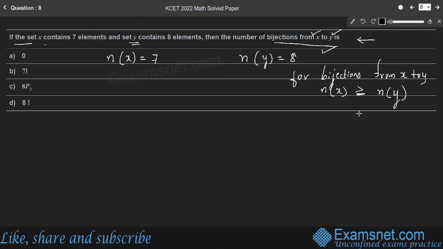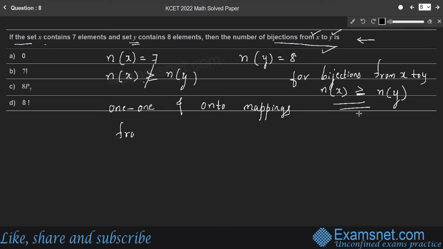Here, X to Y is given, right? So the condition is not satisfied. Here, the number of elements in X is not greater than or equal to the number of elements in set Y. Therefore, the number of bijections, that is one-to-one and onto mappings, from X to Y is not possible.